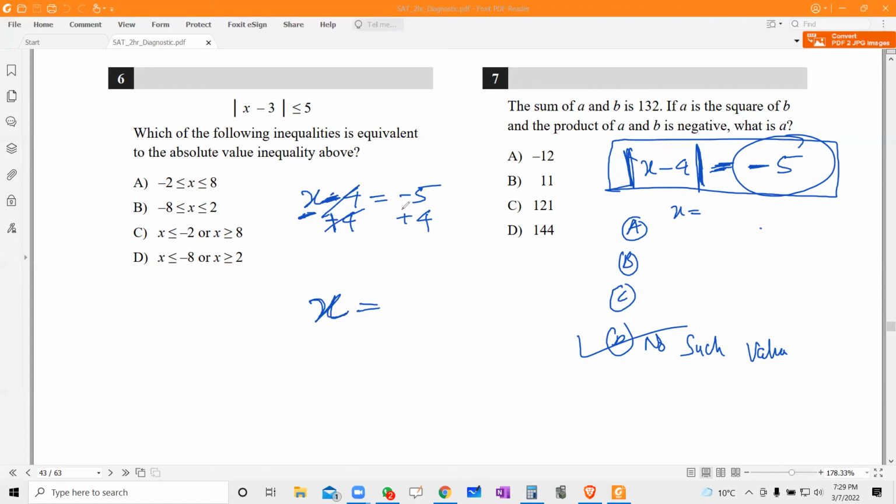x equals -5 plus 4. That'll be -1. If the 5 would have been positive and 4 would have been negative, then only it was positive 1. But it is -5, and you are shifting 4 units to the right: 1, 2, 3, and 4.